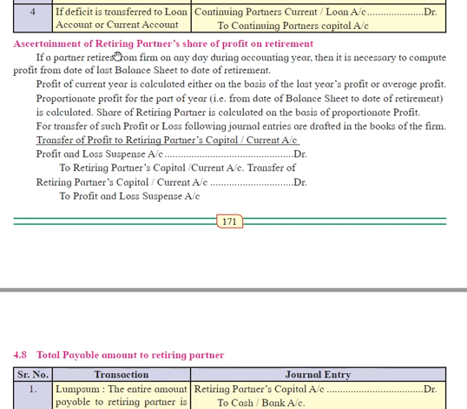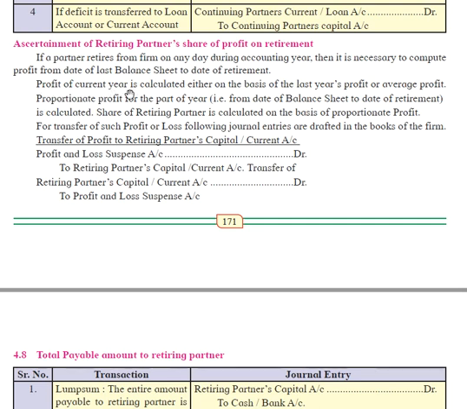So, ascertainment of the retiring partner's share of profits on retirement. If a partner retires from the firm on any day during an accounting year, then it is necessary to compute the profit from the date of the last balance sheet to the date of retirement. So the date of the balance sheet and the date of retirement will be considered.